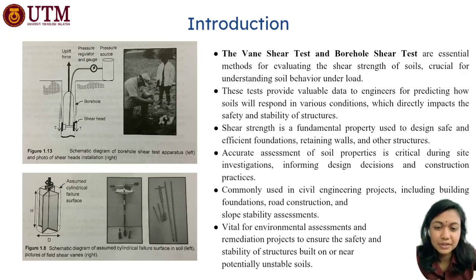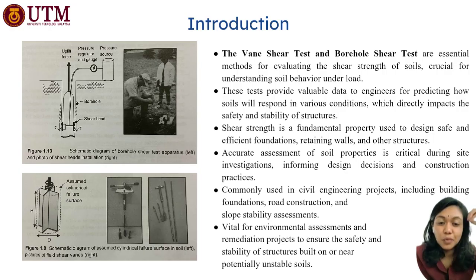For example, in slope stability, insufficient shear strength can cause landslides. In foundations, low strength can lead to bearing capacity failure. And lastly, in excavations and retaining walls, weak shear resistance can collapse the soil face.